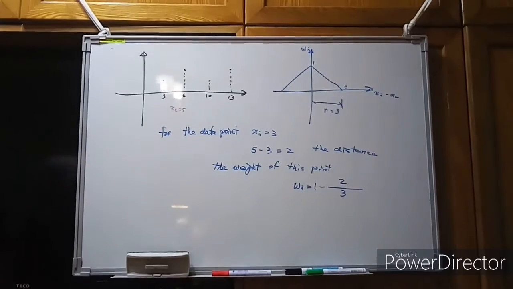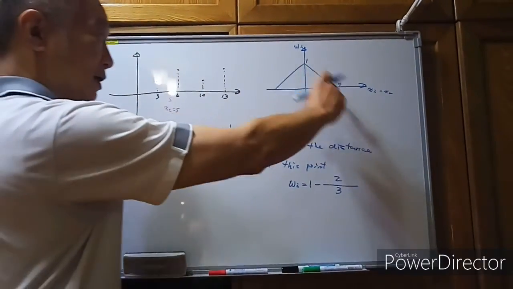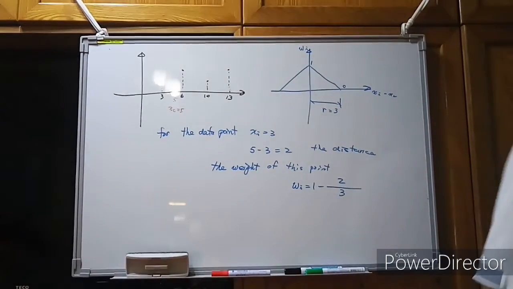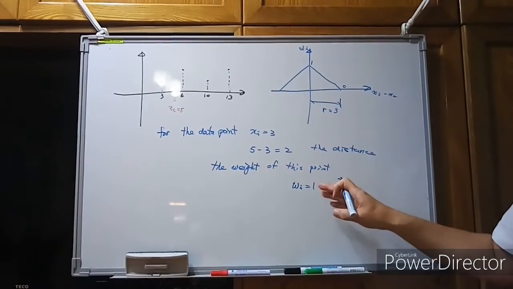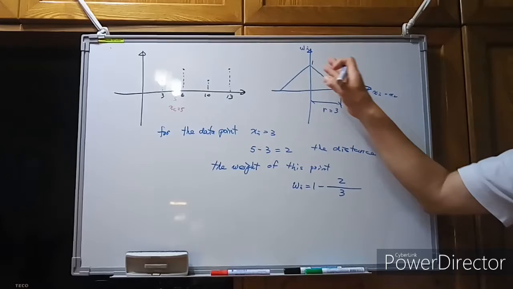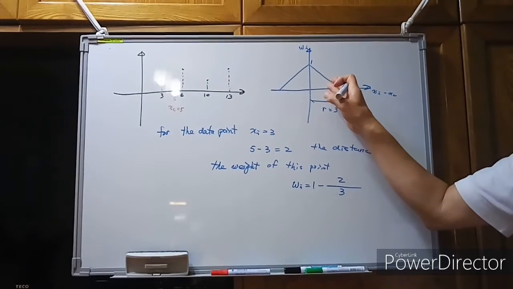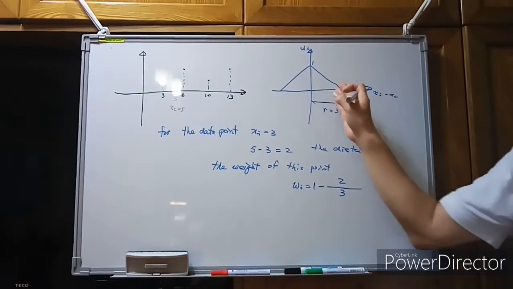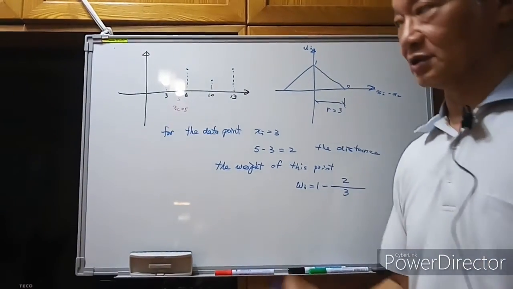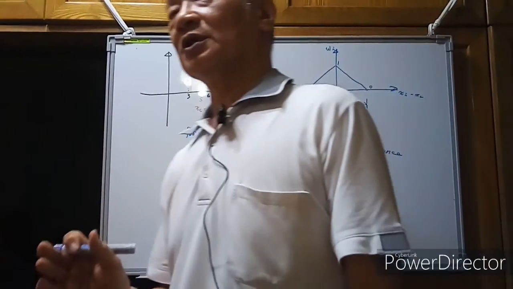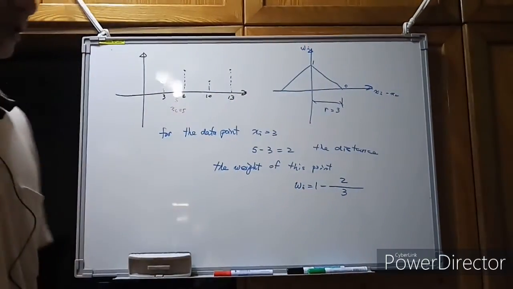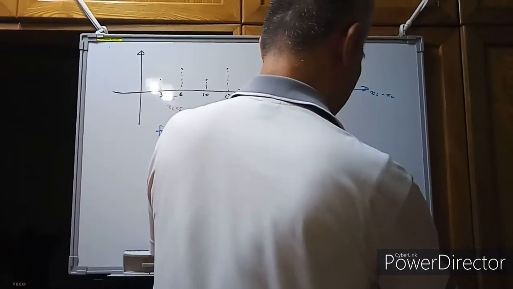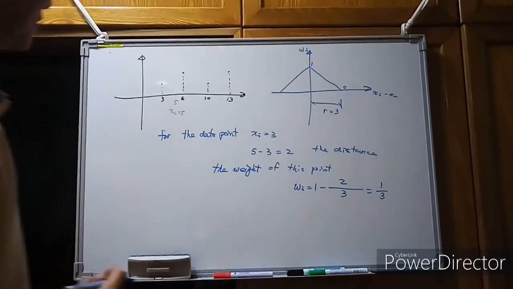Since it is a linear gradient, which is 1/3, and the distance between the data point and the center point is equal to 2, then the weight function will be equal to 1/3.